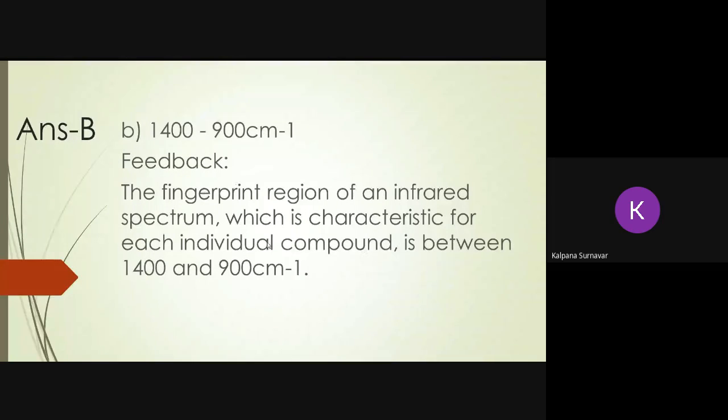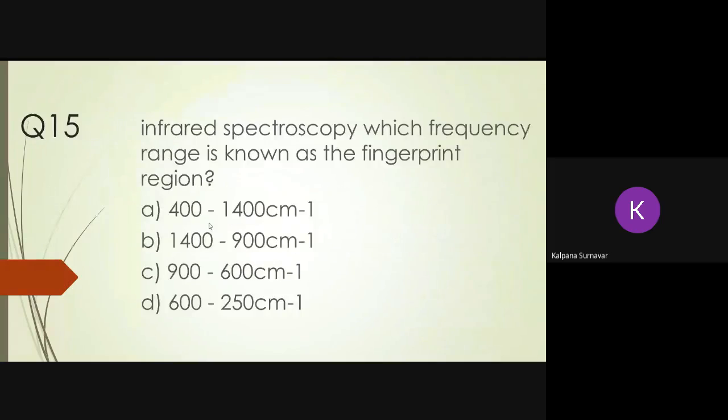Here I have written the answer. Option B is the correct answer. The UV-visible spectrophotometer in our lab works in the 200 to 1100 nanometer range, and the nanometer values are of wavelength.